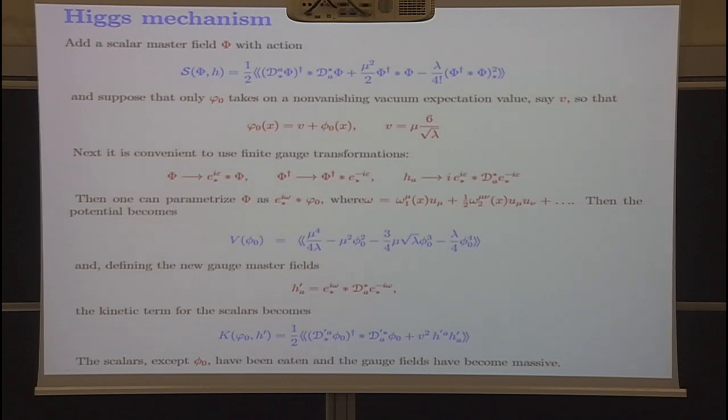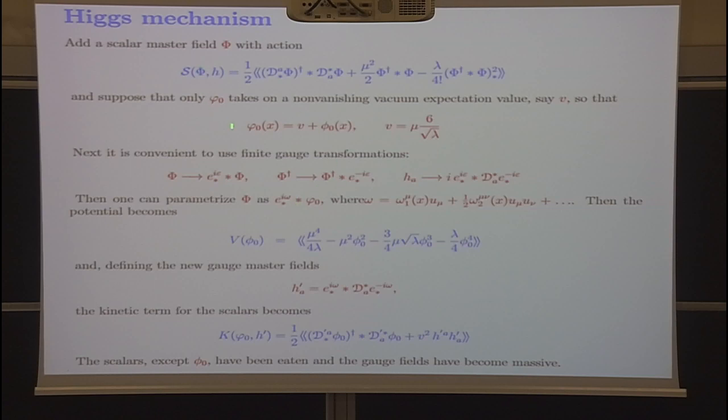But even more, you can also mimic the Higgs mechanism in this case. All the fields that I've considered so far are massless, but you can endow them with a mass by introducing a scalar field phi, the one that I just introduced, with the traditional potential like this, while the ordinary product is replaced by the star product.